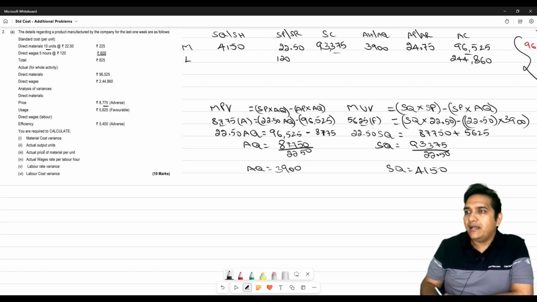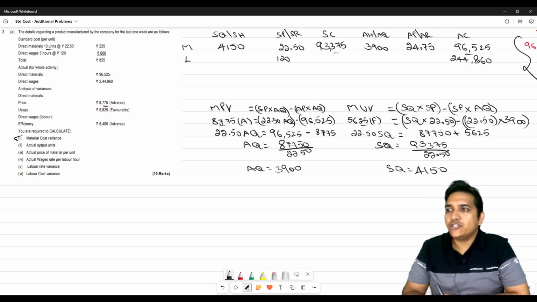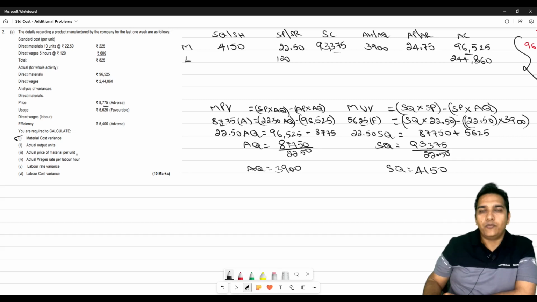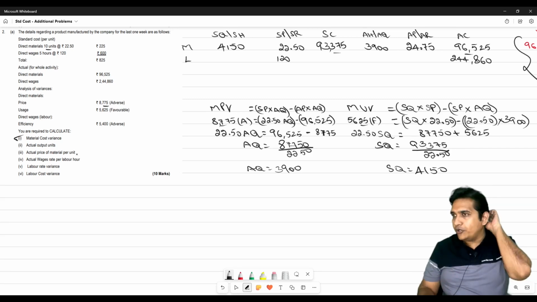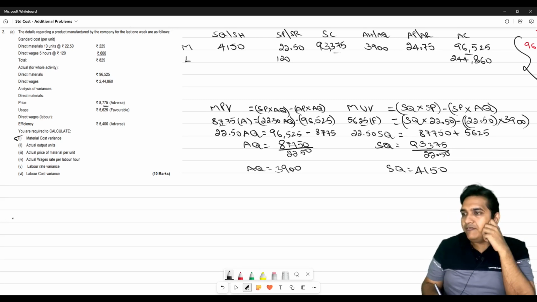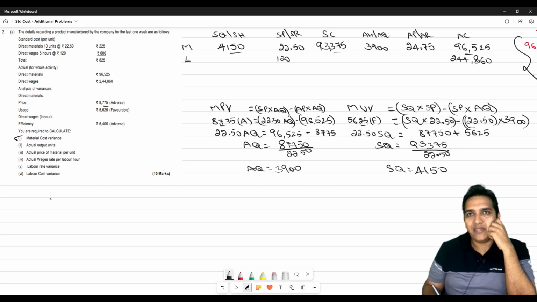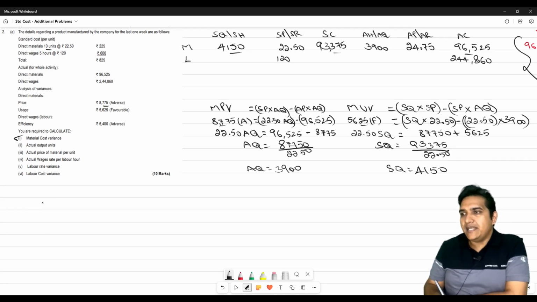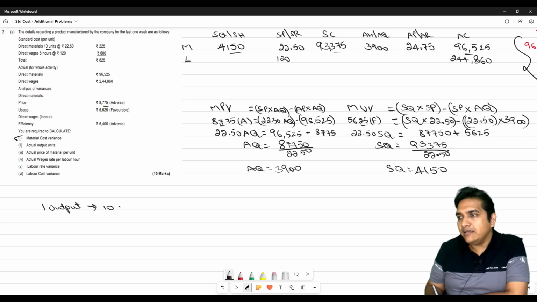Next, so first requirement is done, right? Second, actual output units. How do we calculate actual output units? See, we have our standard quantity of 4150, correct? And the question says one output is equal to 10 material input.